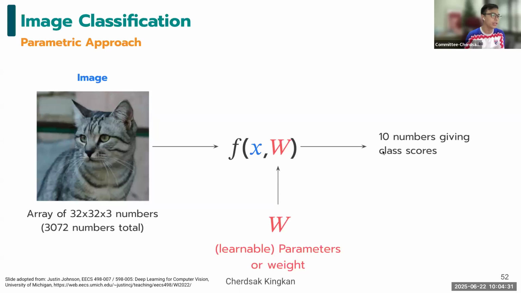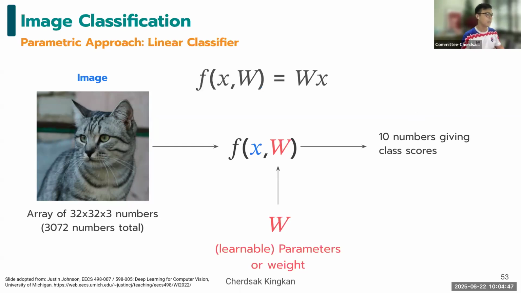It will predict, let's say if we are using CIFAR10, there are 10 classes, so it will give us predictions, a score of 10 numbers, one for each class. If we look at it in terms of a linear classifier, we can construct this function as a matrix multiplication of W, which is a matrix, multiplied with X, which is the values of this image.